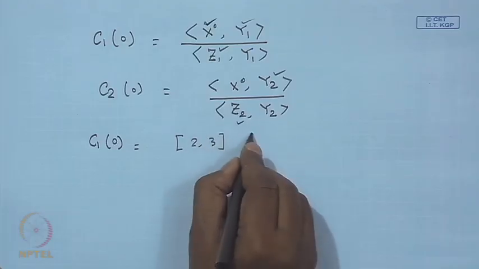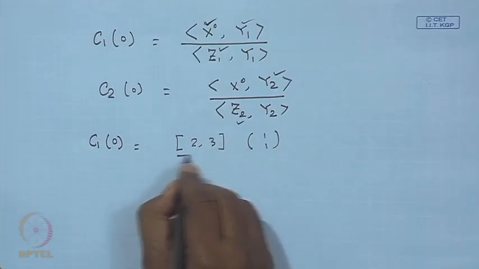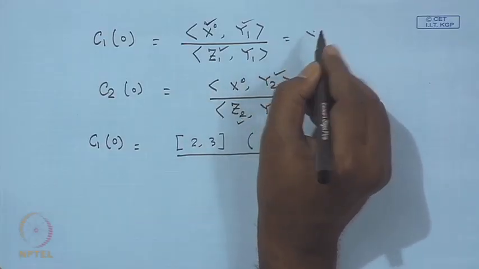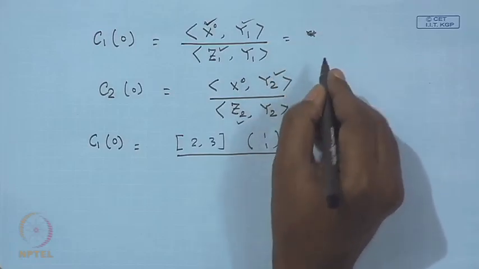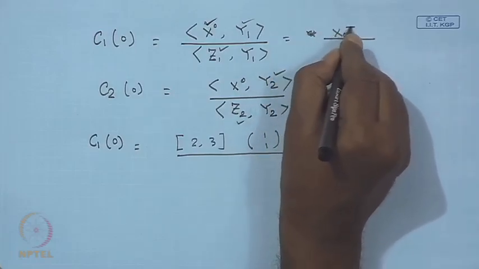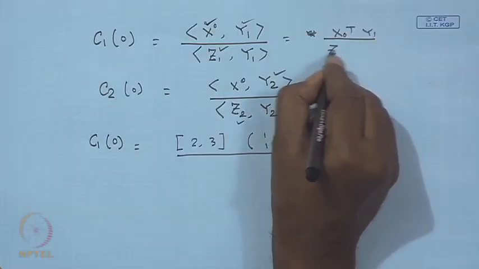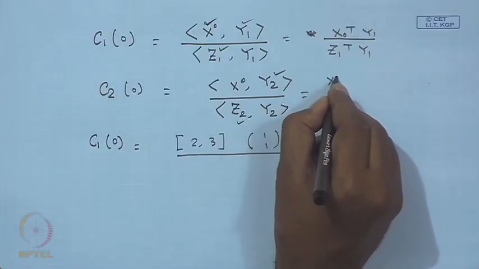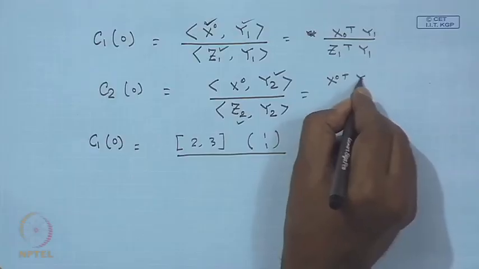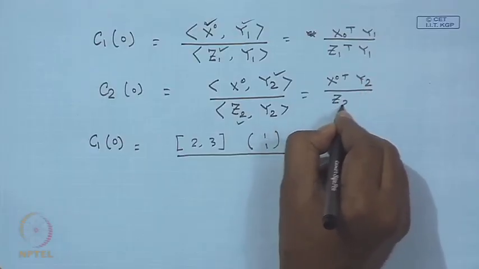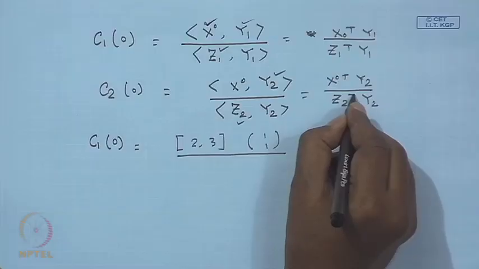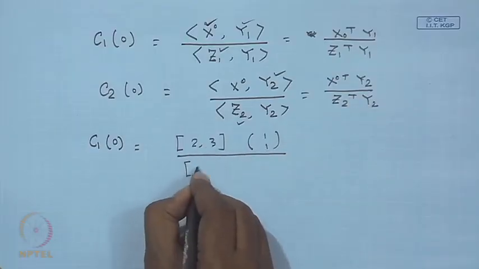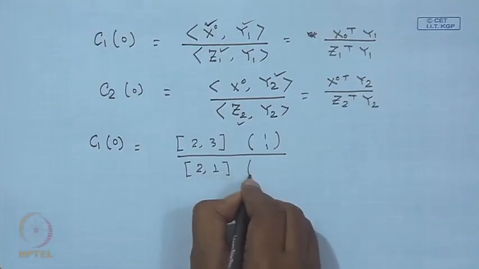Basically you can write it as the inner product of x naught with y 1, divided by the inner product of z 1 with y 1, and similarly for the second. So, C 1 naught can be written as 2 3 with 1 1, divided by 2 1 with 1 1.